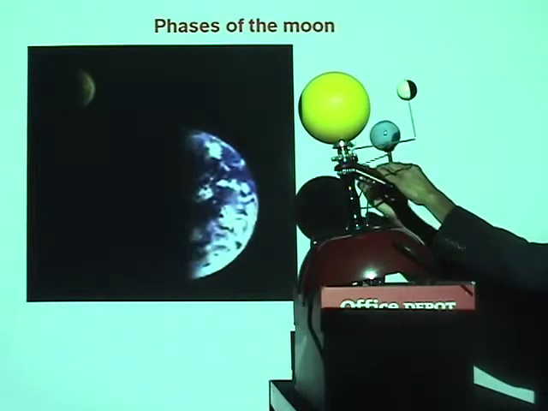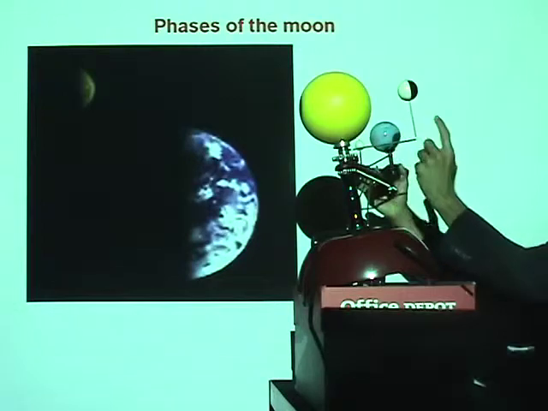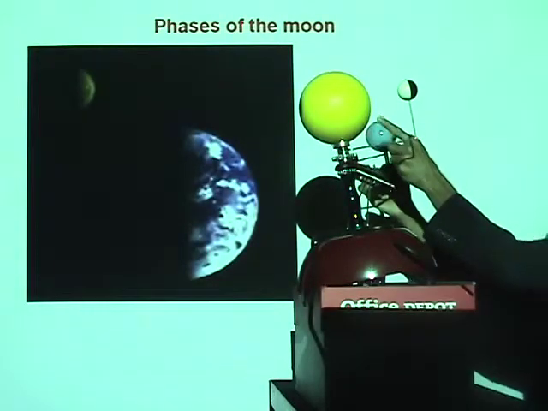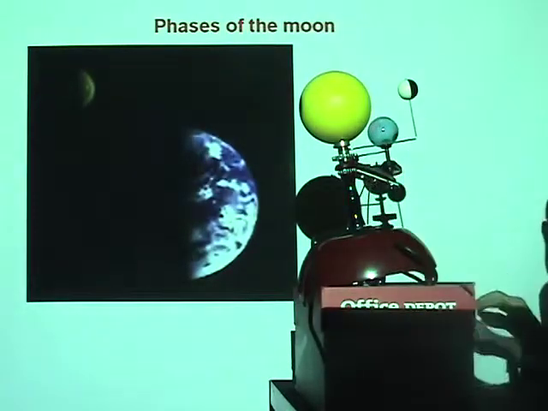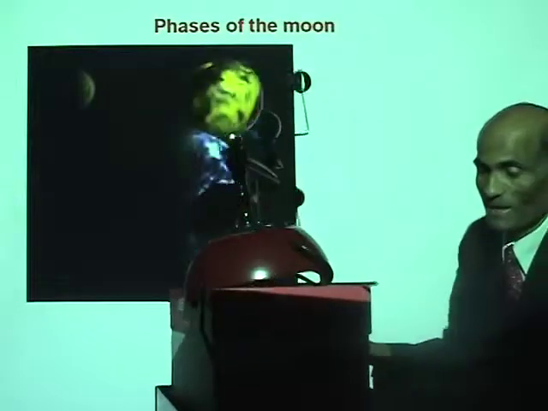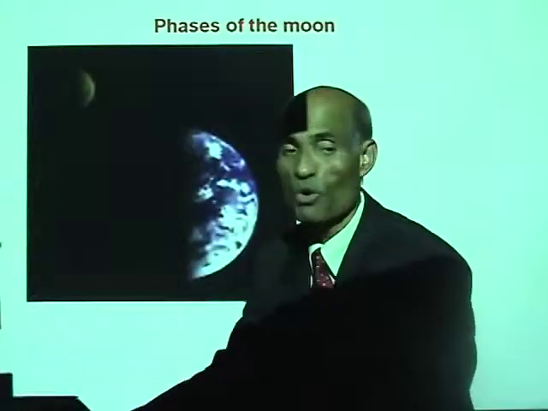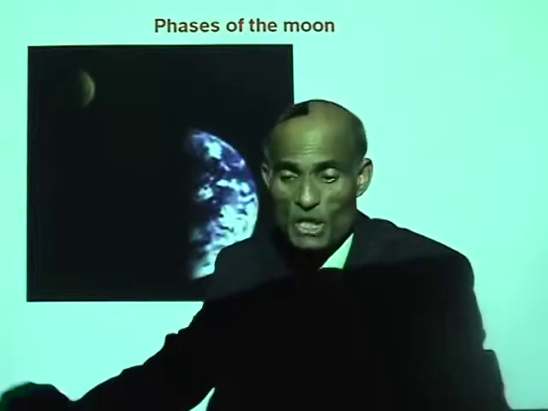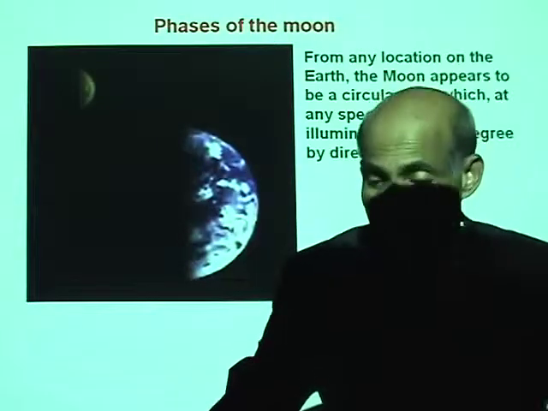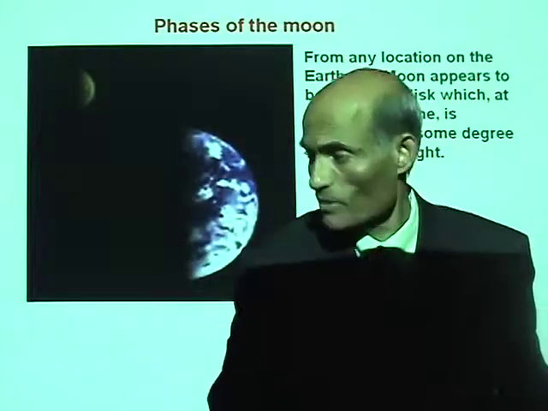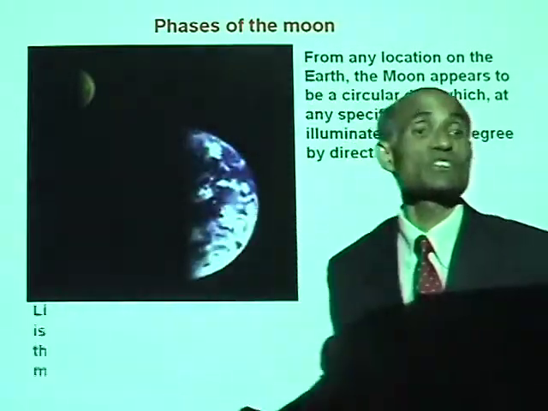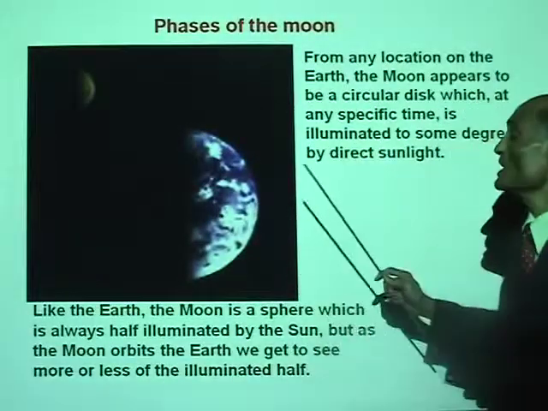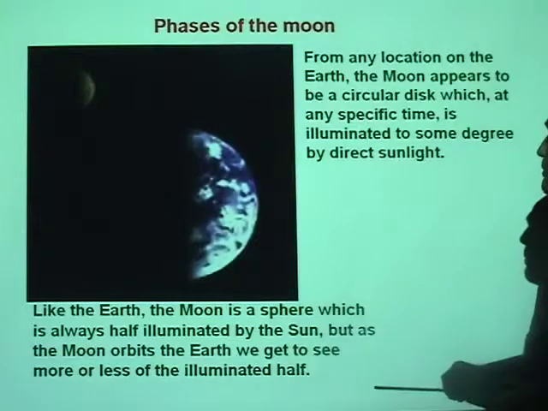So as the moon goes around, the portion of the moon that gets illuminated is what we see, and the portion of the moon that is illuminated keeps increasing until we get the full moon, and then it decreases until we get the new moon.